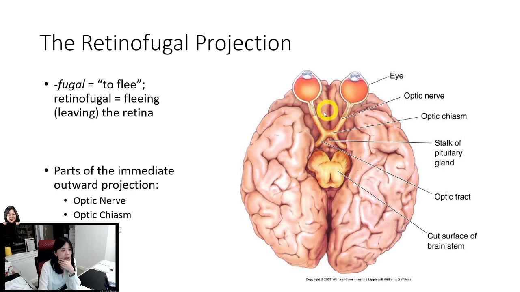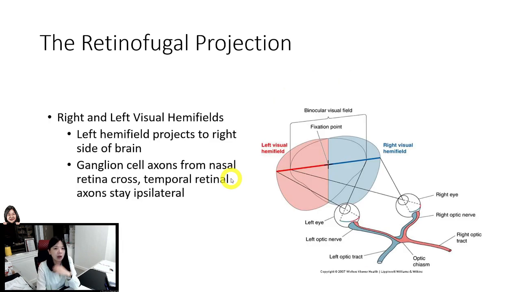Not anything leaving the eye can be called an optic tract. The optic tract specifically refers to the segment between the chiasm and the thalamus, and the optic nerve is this specific segment here, so they can't be used interchangeably. So in terms of retinofugal projection, we're talking about just these immediate 3 chunks leaving the retina.